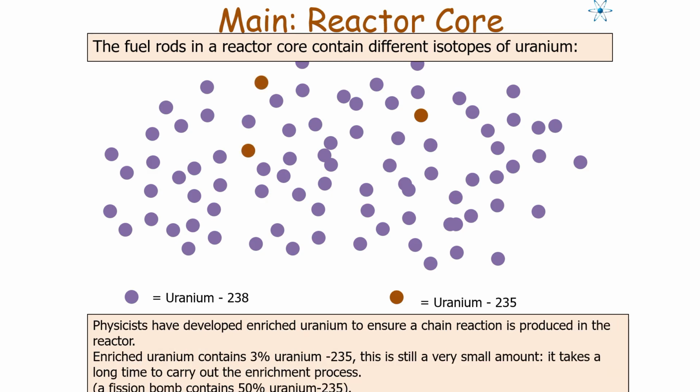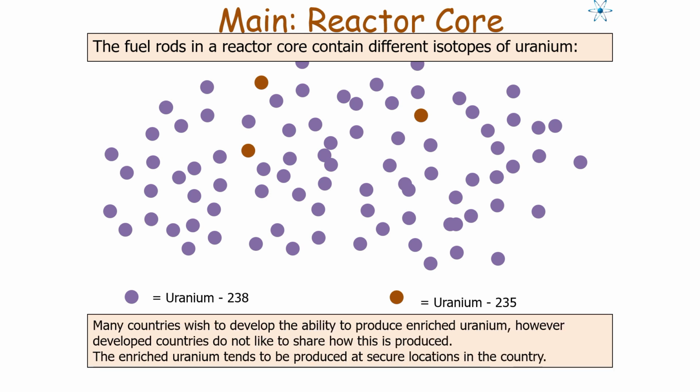So physicists have developed enriched uranium to ensure a chain reaction is produced in a reactor. Now, enriched uranium contains about 3% uranium-235 as opposed to 1% uranium-235, which is still a very small amount, but it does take a long time to carry out the enrichment process. Interestingly, a fission bomb contains about 50% uranium-235.